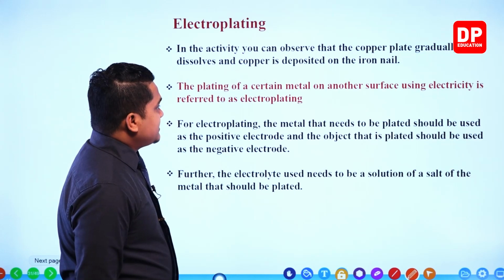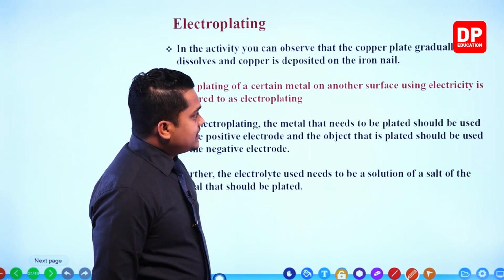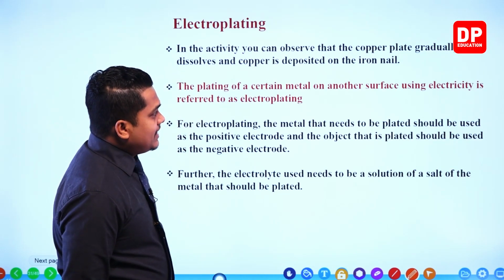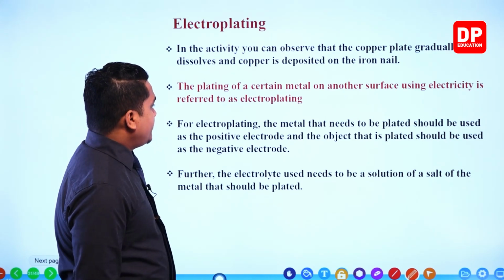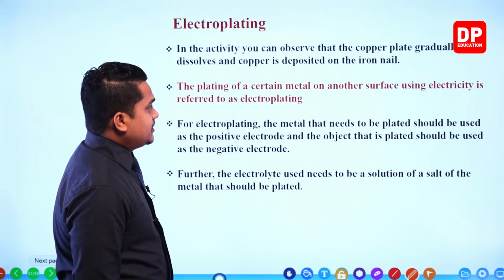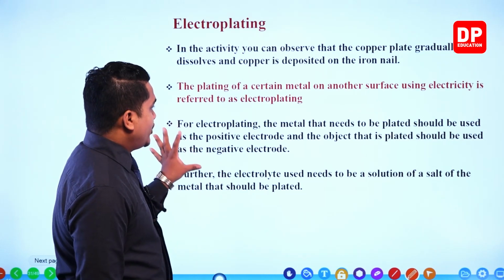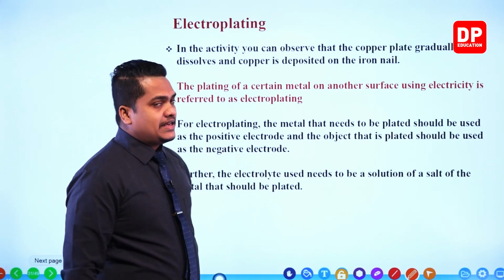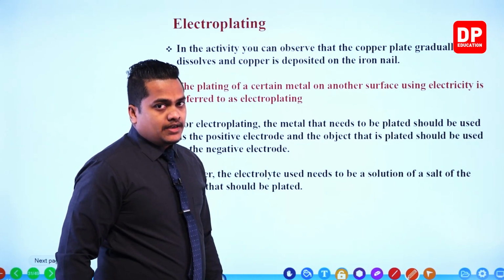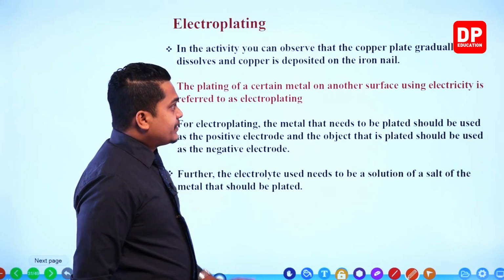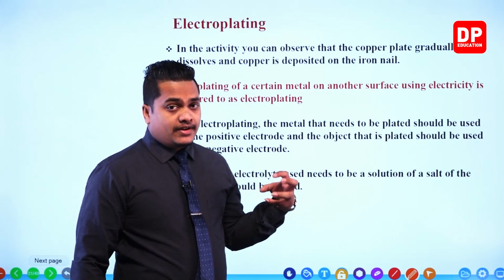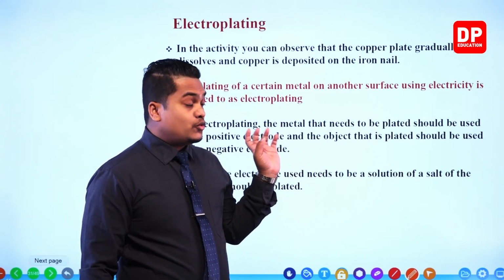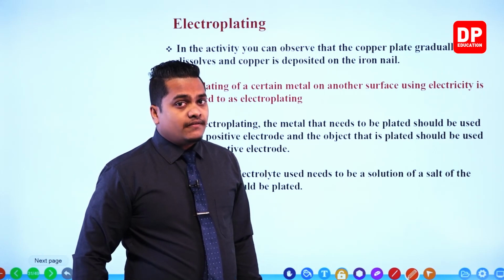The plating of a certain metal on another surface using electricity is referred to as electroplating. So by using electricity we are going to plate another metal on a different kind of metallic surface, by the process of electrolysis.